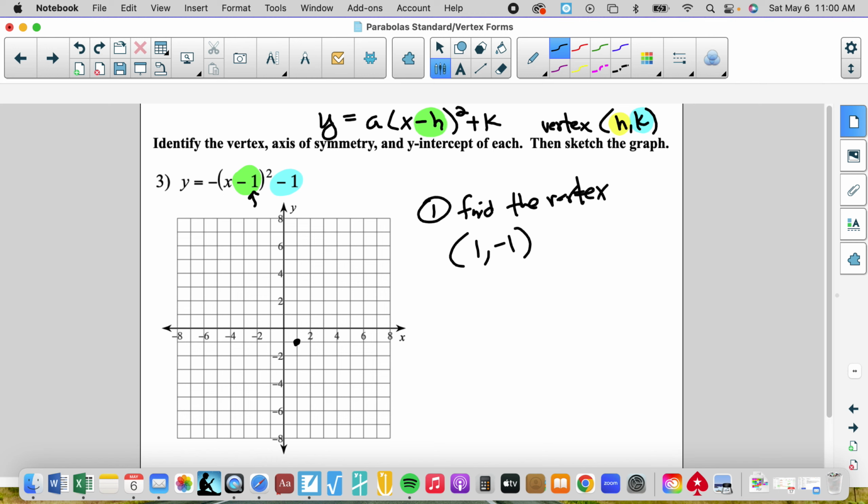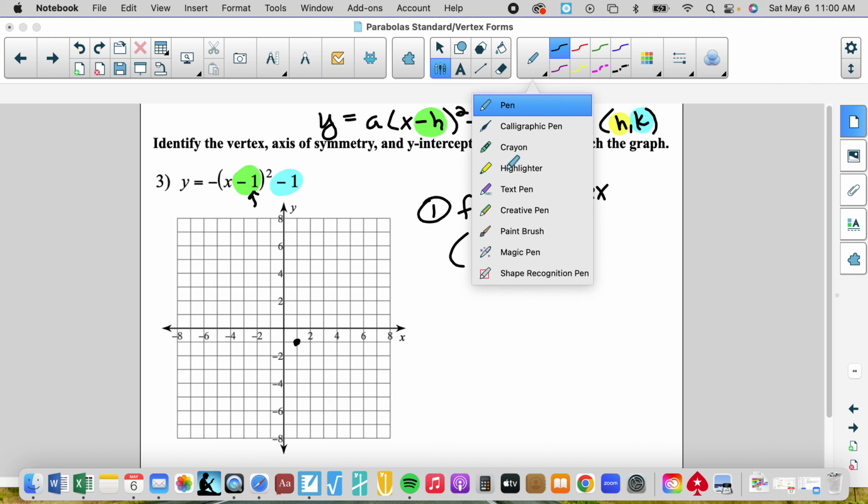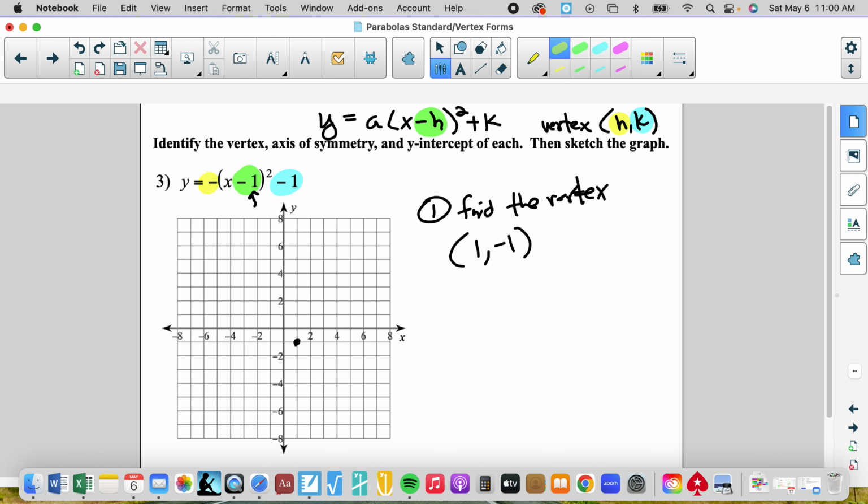Now, the other thing we should notice is we have that negative outside there. Let me see for a second. I don't know if we did negative. It's going to be interesting whether that was in the problem.